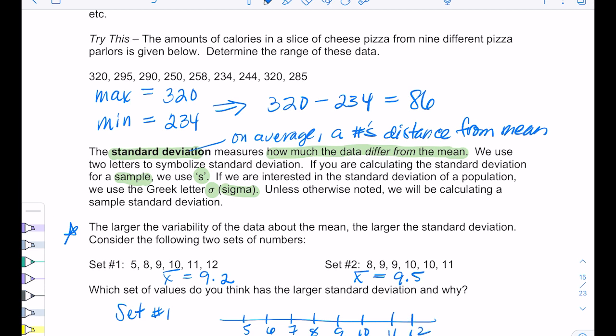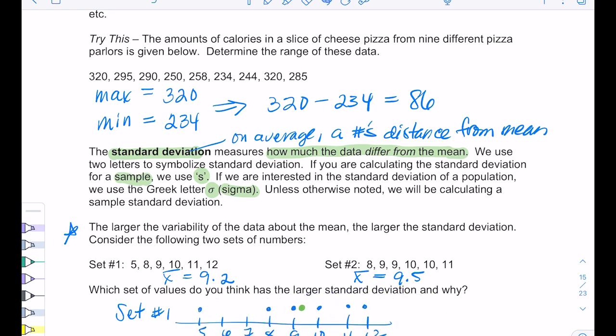Okay, and let's look at set number 1. So you've got numbers 5, 8, 9, 10, 11, 12. And my average, I'll put in green, is like 9.2, we said. So look at the distance those dots all are from the green dot.